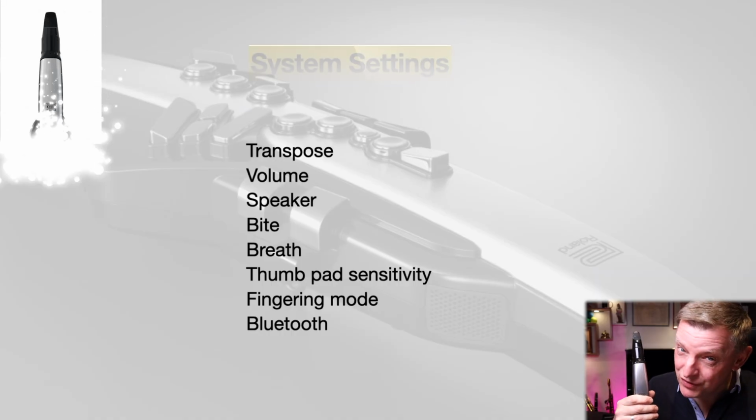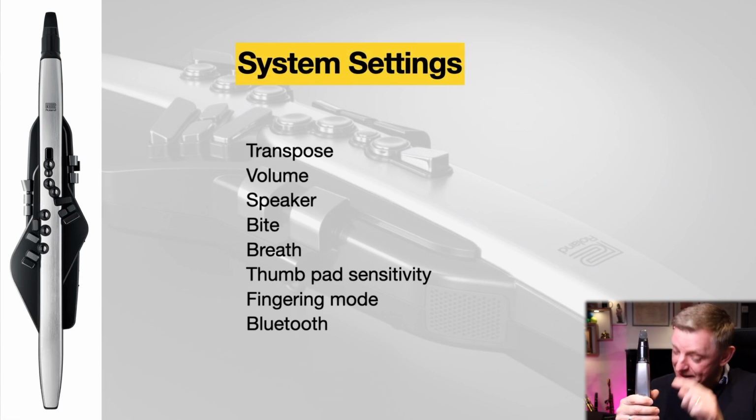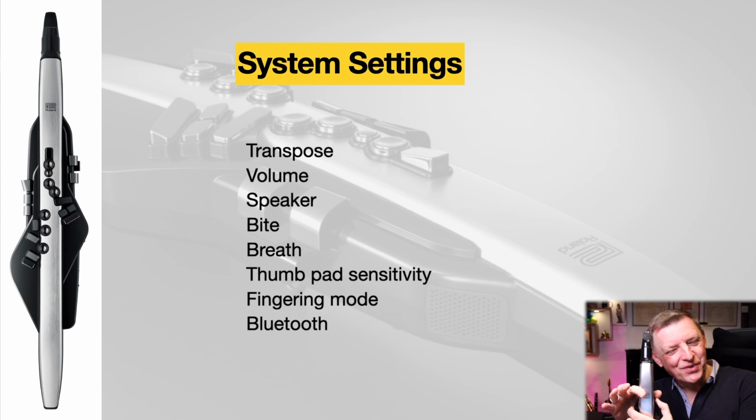Okay, the first type is a system setting. These are overall things. These are things that when you change them, it will apply to pretty much everything about the Aerophone Pro. So things like the overall transposition, the volume output, whether the internal speakers are on or off.